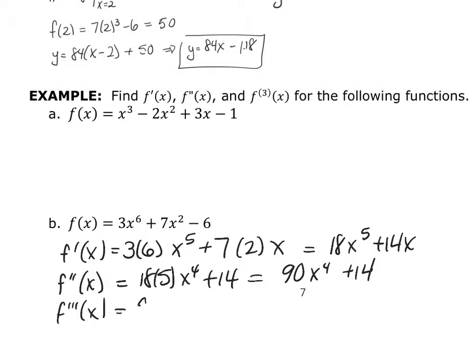So it's going to be equal to 90 multiplied by 4, x to the 3rd. Notice that I don't have anything trailing because the derivative of a constant is 0. So this is 360x to the 3rd. And I can continue until I get to 0. How was that? These are delicious.